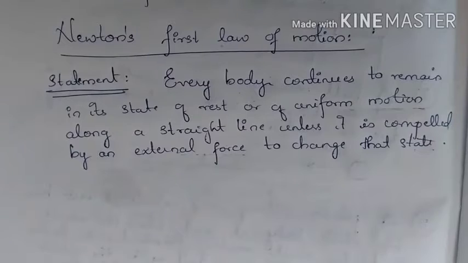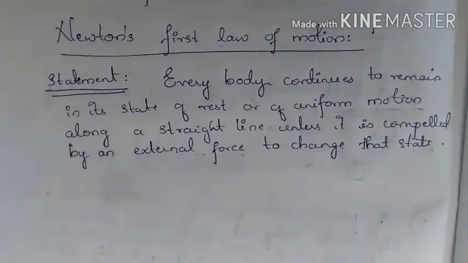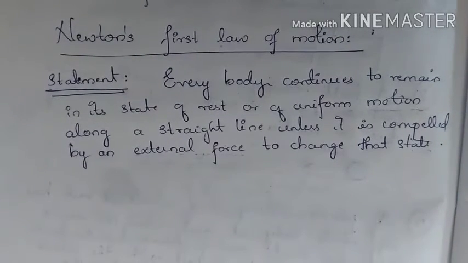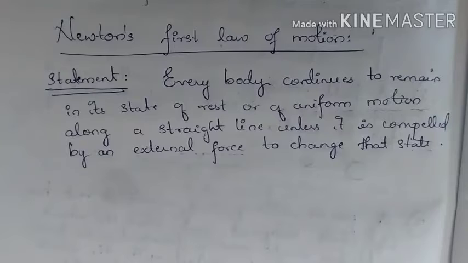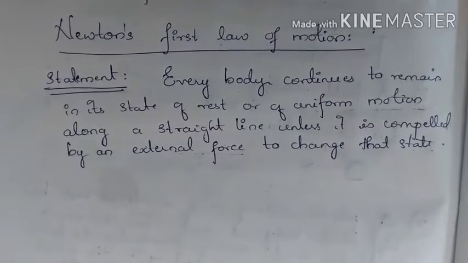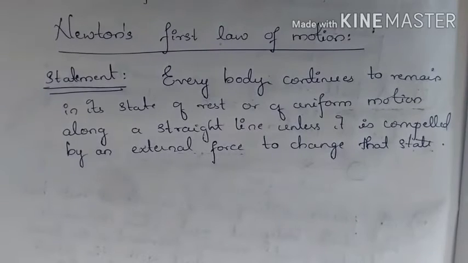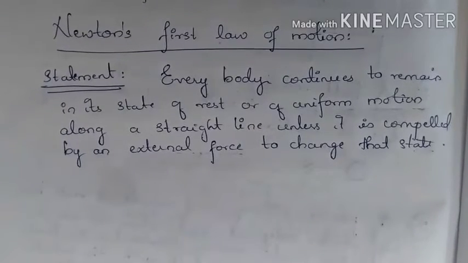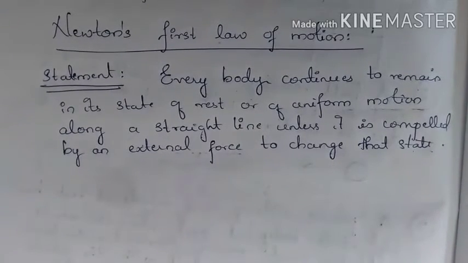So this is Newton's first law. The statements for Newton's first, second and third laws are important. Try to understand these three statements, because sometimes they will ask this in an examination. If you know the statements clearly, then it will be well and good.